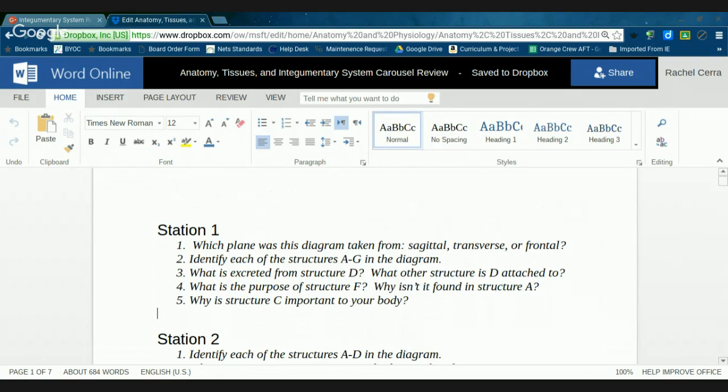You could also say it's there to help remove wastes, since blood vessels take away wastes as well. It isn't found in structure A because structure A is dead, so they don't need any blood flow. So why waste the energy to pump blood up through that layer when it doesn't even need it?